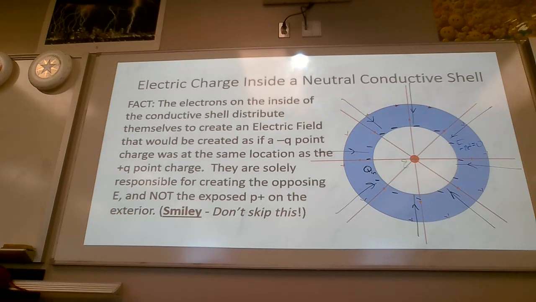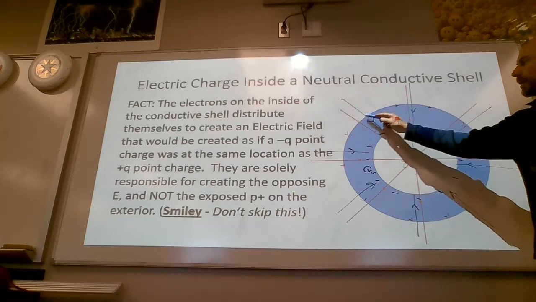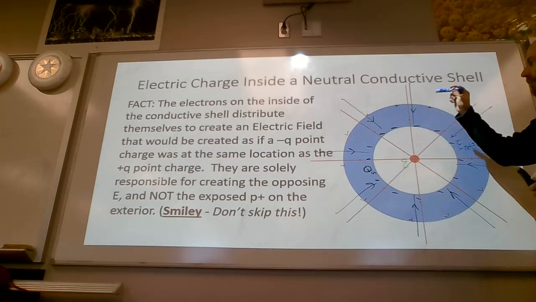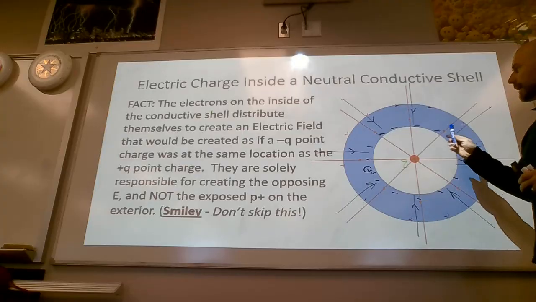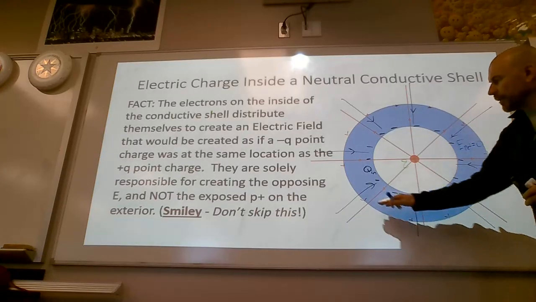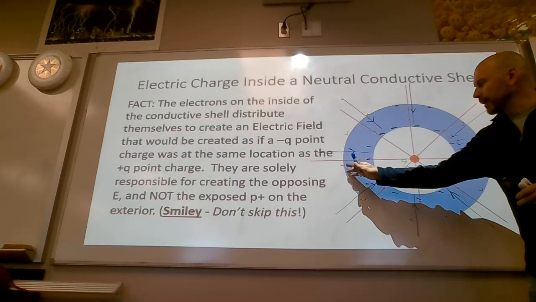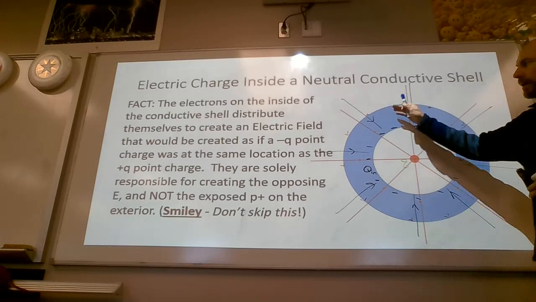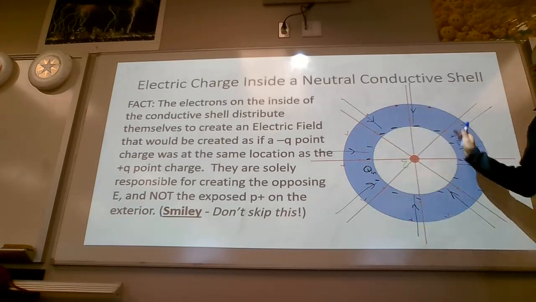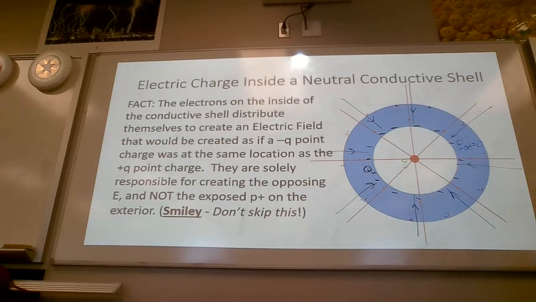Okay? These protons, exposed protons, do not influence this because they're inside of a, like the net electric field from this outer rim here is 0 on the inside of that sphere. You okay with that?